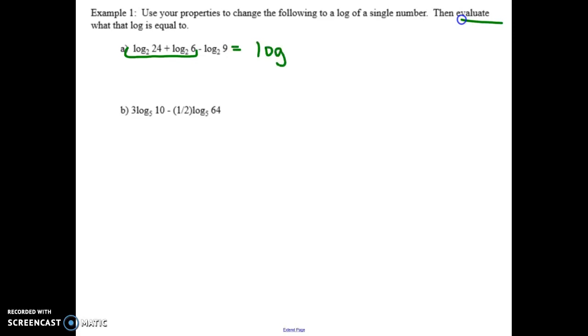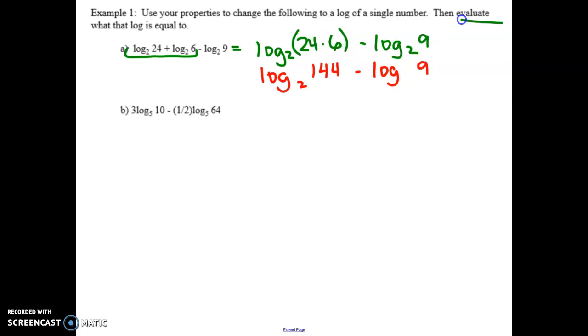So this becomes log of 24 times 6 with a base of 2, and then we'll subtract the log 9 with a base of 2. Now, let's keep going here. 24 times 6 is? 144, thank you. So this is really log 144 base 2, subtract log 9 base 2.